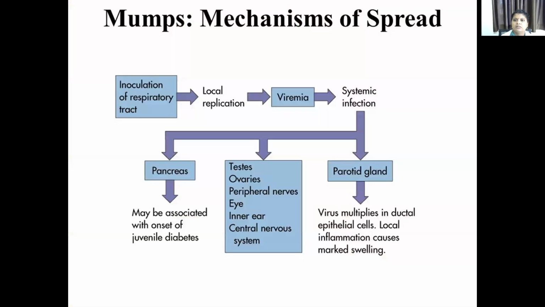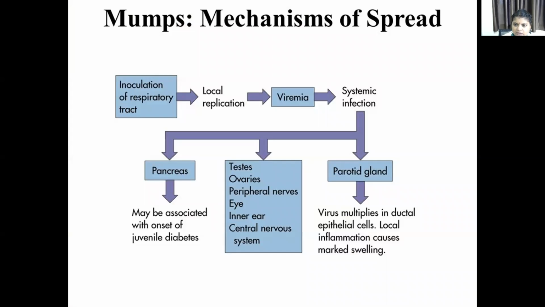If you see the pathogenesis of the mumps virus, whenever a human gets the infection through inhalation of aerosols or contact or vomits, first there is local multiplication. Later it enters into the blood. It's nothing but viremia.